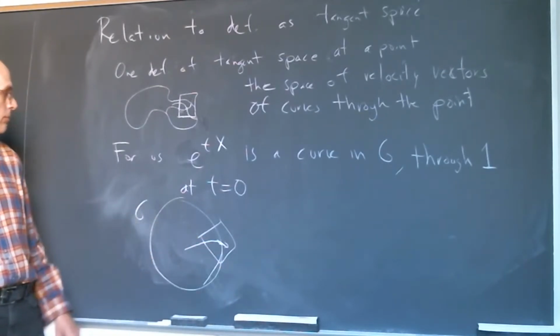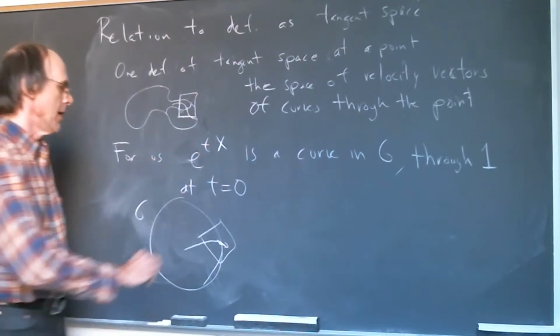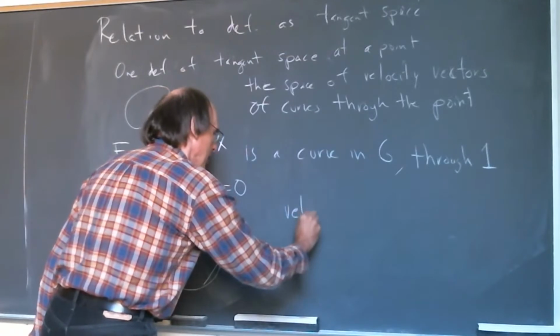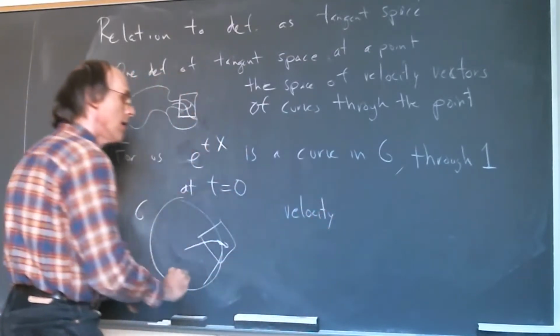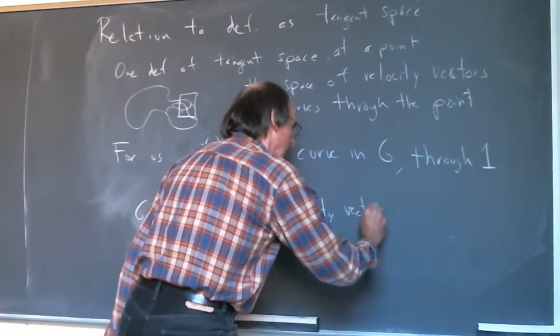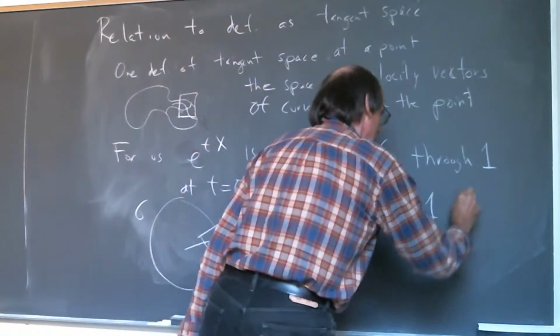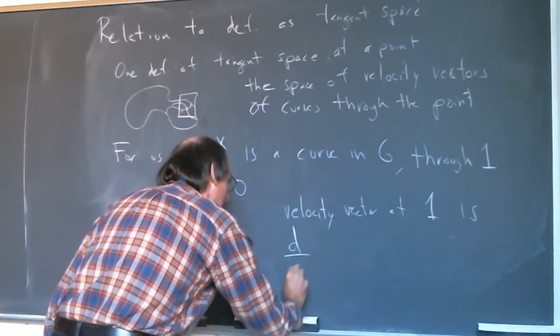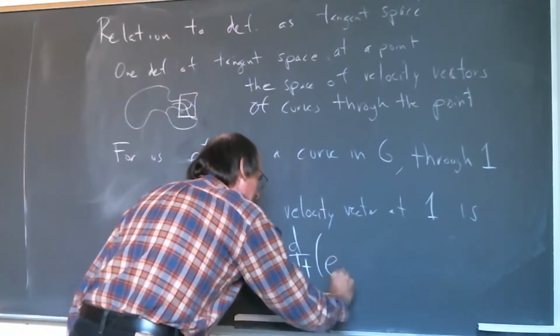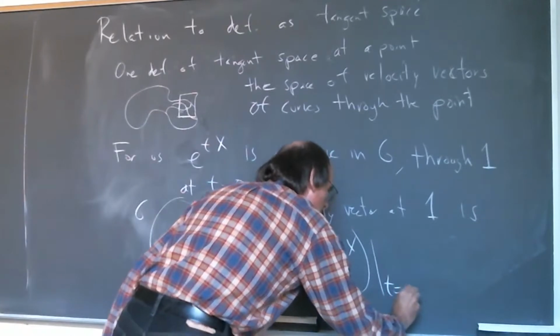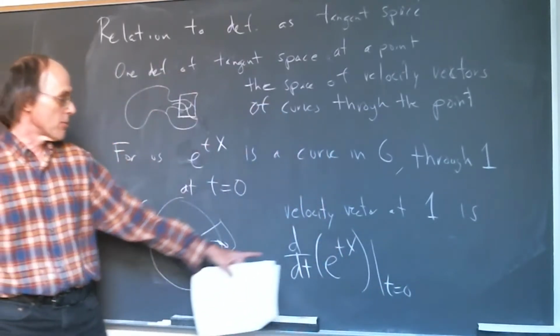If you ask for the velocity vector at 1, it's d/dt of e to the tX at t equals 0, since t equals 0 is when you're at 1.